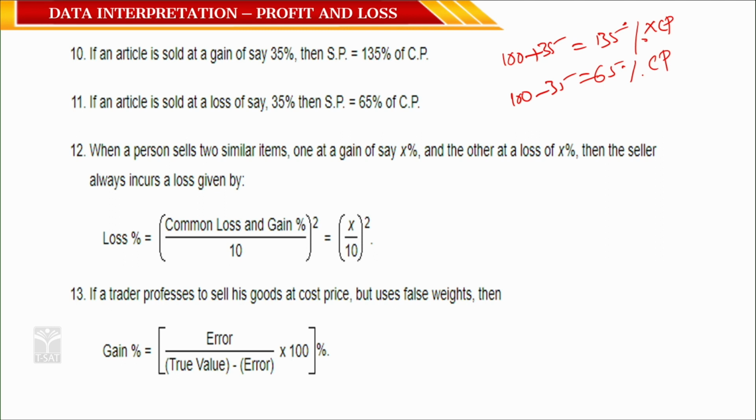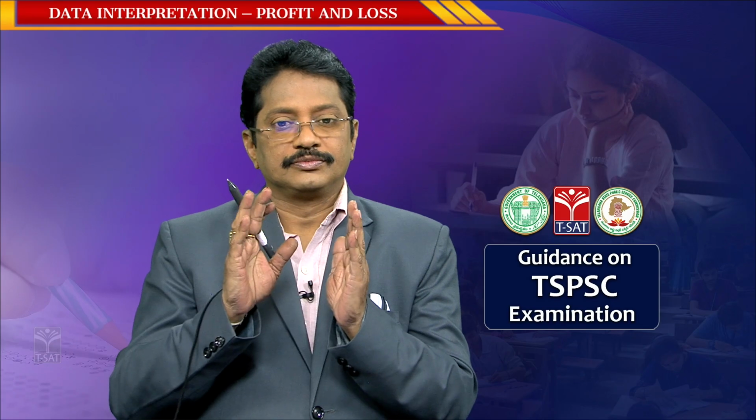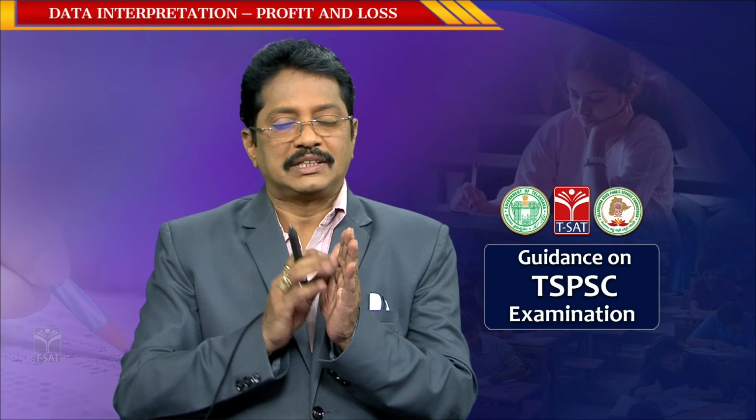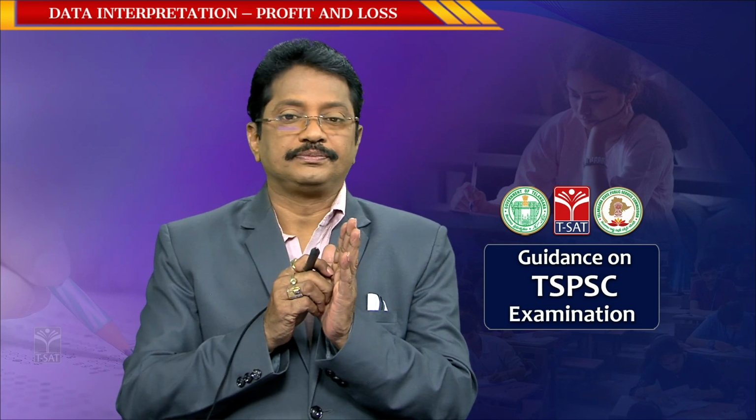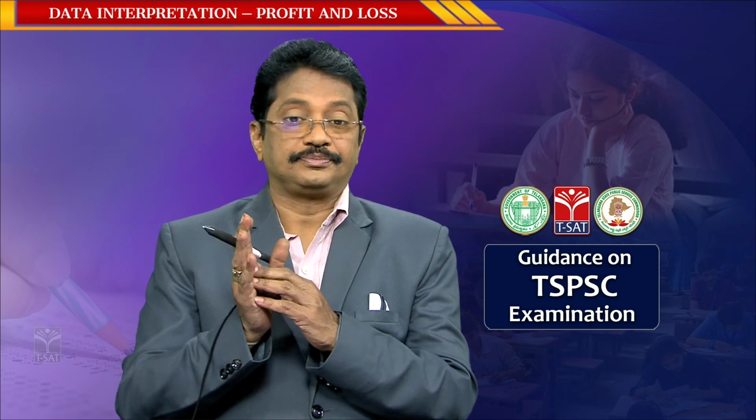Clear? Okay. When a person sells two similar items, one at a gain of x percent and the other at a loss of x percent, the seller always incurs a loss given by... Okay. I will give a small example to you. You purchased 2 cars at the rate of 1 lakh rupees each one.